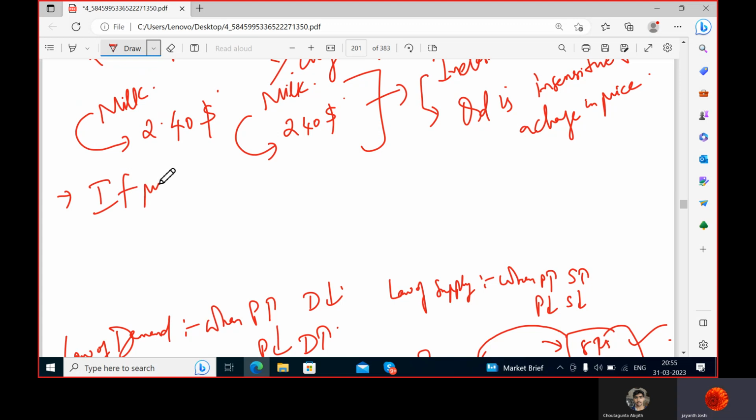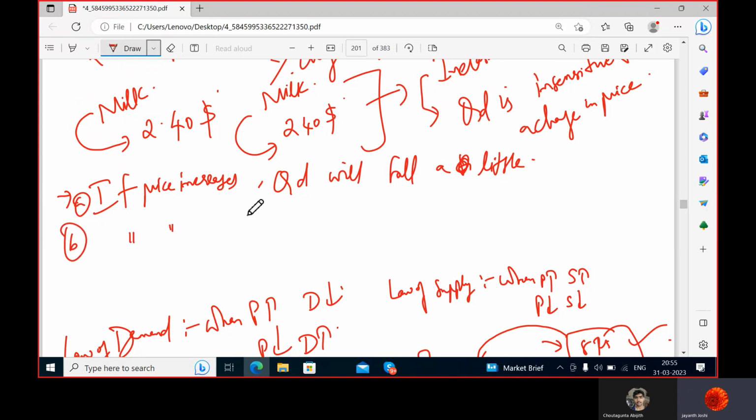If price increases, quantity demanded will fall, but the fall is only a little bit. If price decreases, quantity demanded will increase, but only a little.